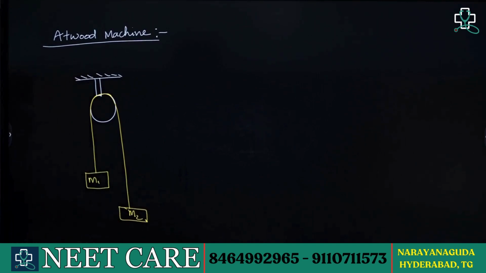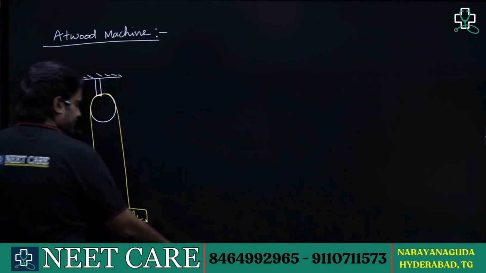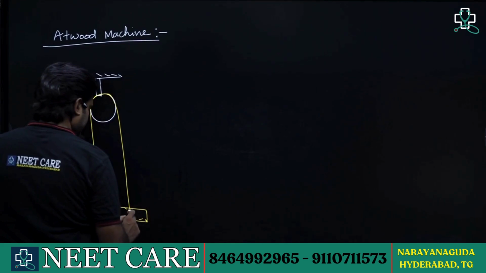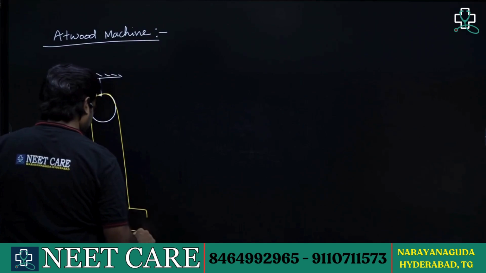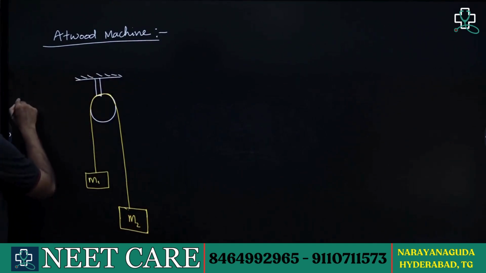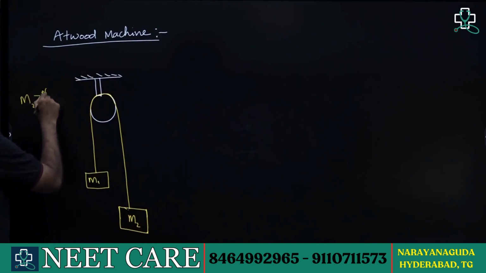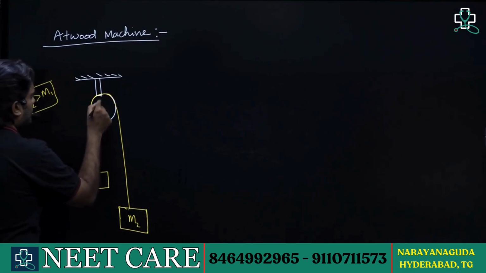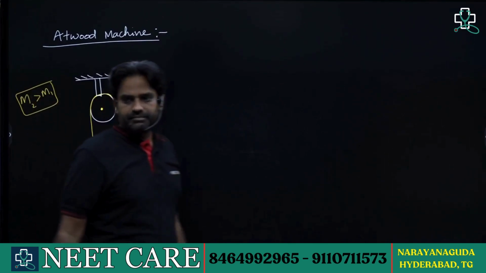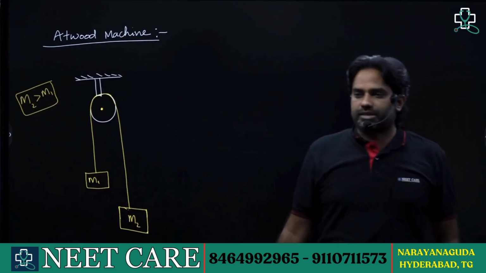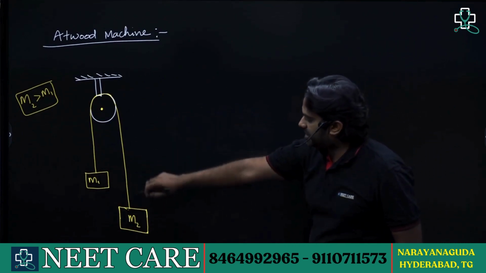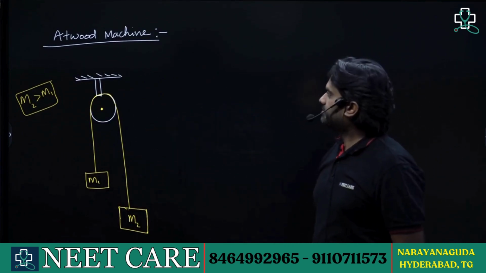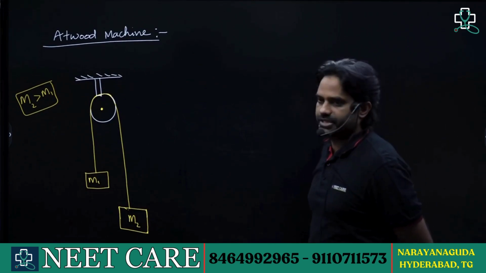So two blocks M1 and M2 are connected. And let's consider here M2 is greater than M1, the mass of M2 is greater than M1. This is the situation I am taking. So the simple Atwood machine is nothing but it consists of a smooth pulley, a single string and two blocks. So this is the simple Atwood machine.